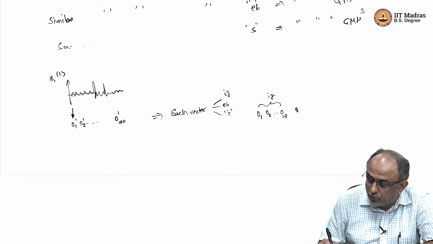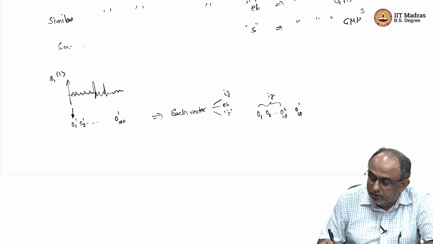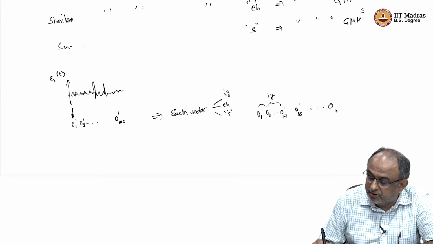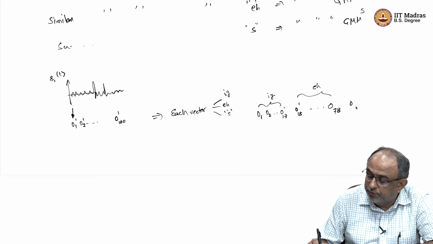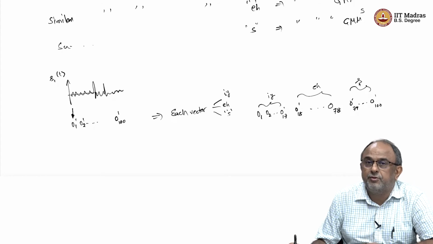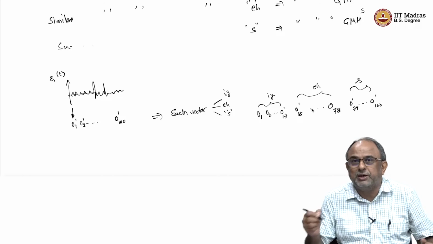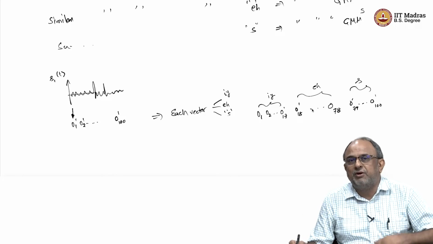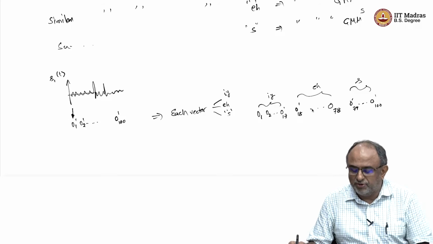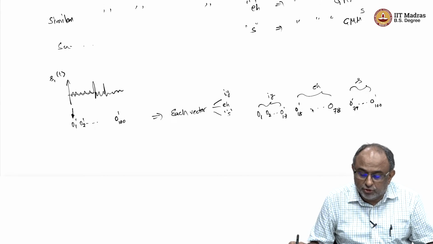Then O18 all the way up to some O78 could belong to the A class, and O79 to O100 for the first one could belong to the S class. There could also be an EH coming in between. We'll worry about that; we'll use a concept where the hidden Markov model will come. I'll come to that.